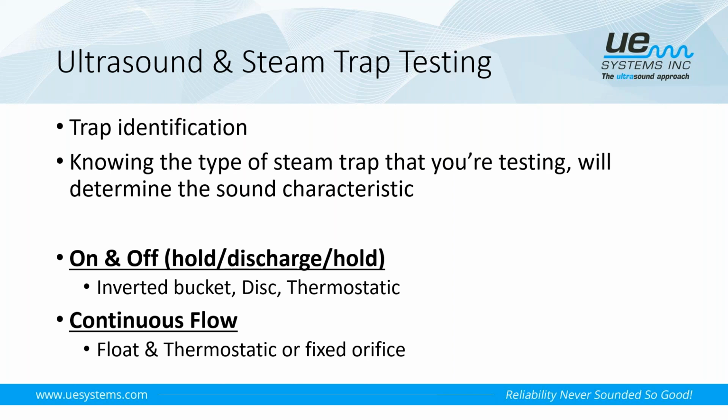Not a whole lot you can do with those, but maybe just monitor to make sure that orifice doesn't grow too large and wind up leaking too much. But that's about all you can do with the fixed orifice trap. But again, this is going to be an important slide for you because with trap identification, knowing the type of trap will determine what it's supposed to sound like with ultrasound.